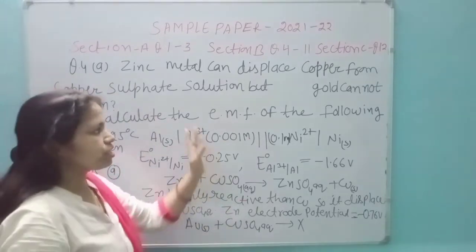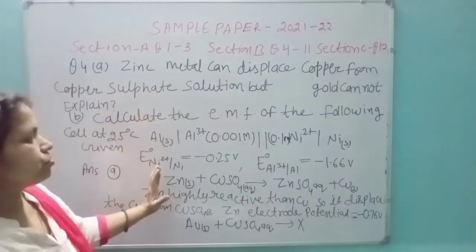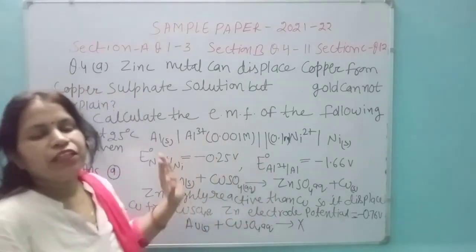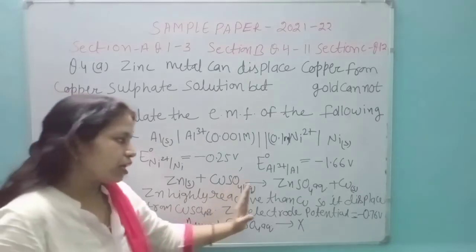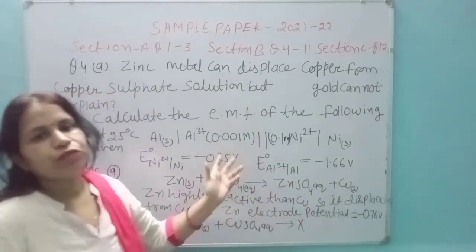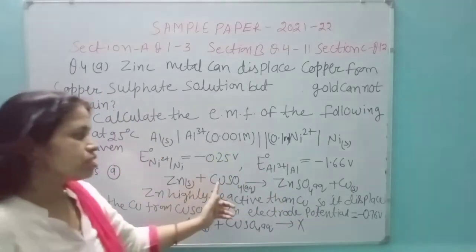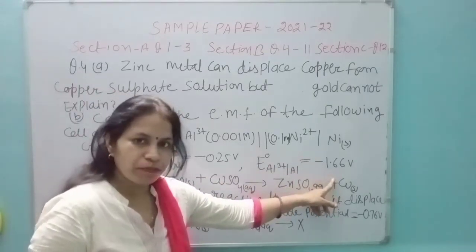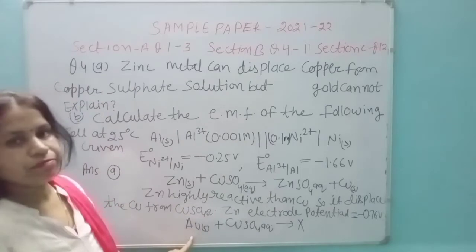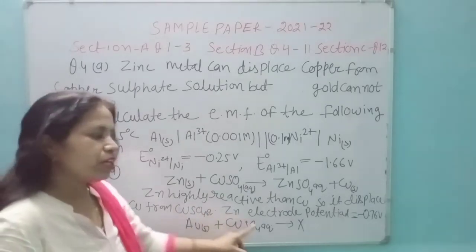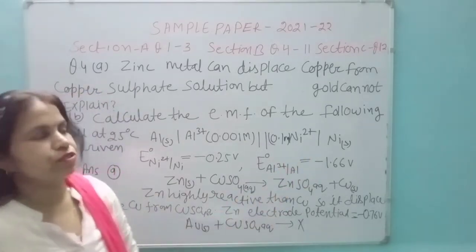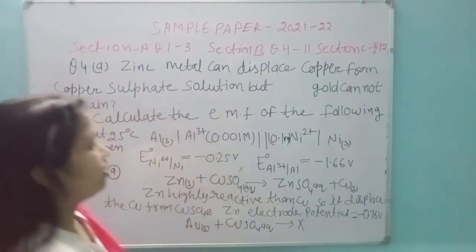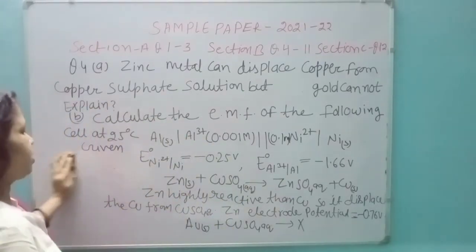So that is the answer of the first question: zinc is highly reactive and displaces the copper; Au is less reactive, so it can't displace the copper. According to the electrochemical series, zinc is placed below the copper, and gold, aurum, Au, is placed above the copper.